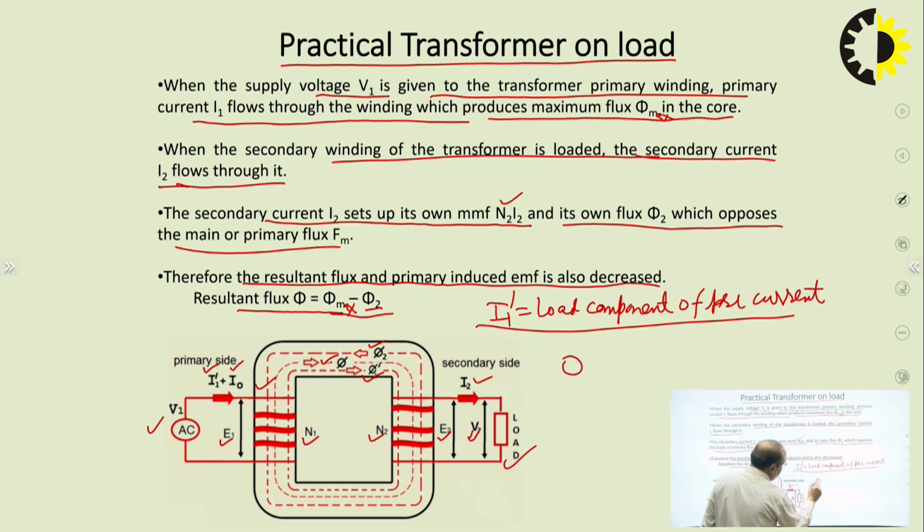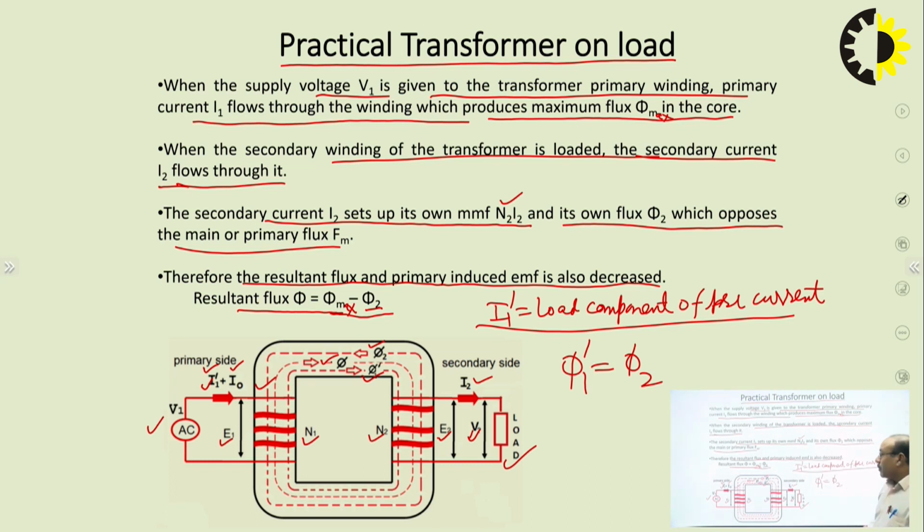Phi 1 dash is equal to phi 2 but opposite to phi 2, so that phi 1 dash and phi 2 neutralize or cancel out each other, and the main flux remains as it is, not affected, and that is what we want. So that's why this additional current I1 dash, the load component of primary current, is drawn by the primary side when the secondary side is connected with some load impedance.